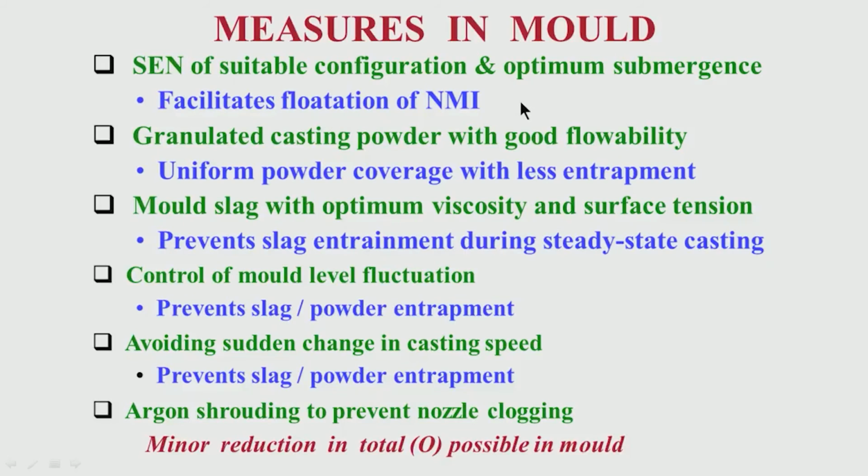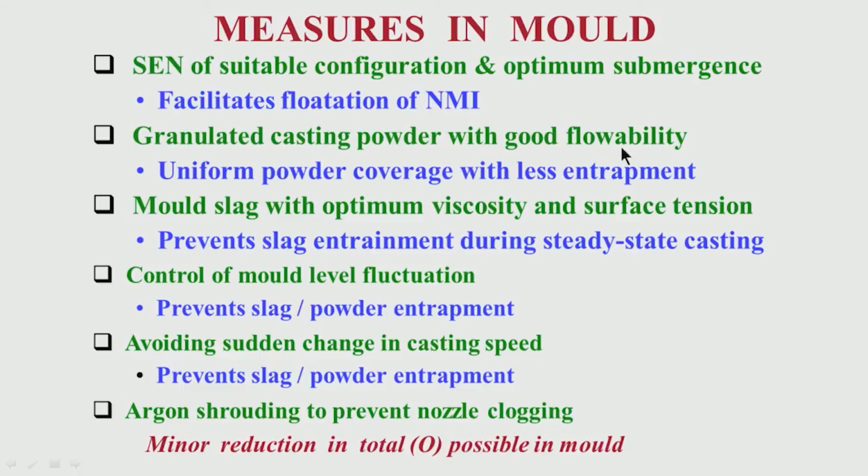Suppose liquid slag, mold slag, is getting entrained in liquid steel, we must give sufficient time for them to float up. Too much turbulence is not desirable, but some amount of turbulence will help them to float up and get absorbed. So, this is important.